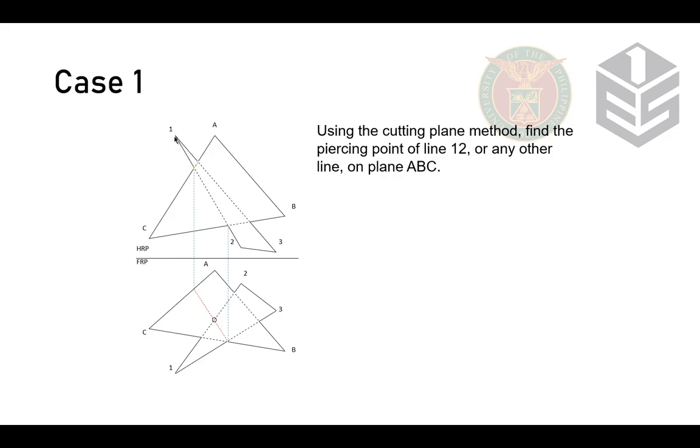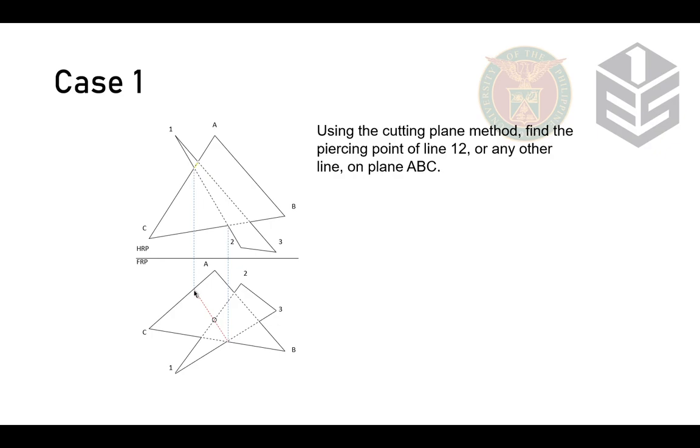So this is 1, 2, the apparent intersection of 1, 2 and AC is at this point. So we project it down. And this is at line AC. So we put it at this particular point. Then we have the intersection of line 1, 2 with the line BC. And since this is line BC, we project it downwards until we find line BC located here.